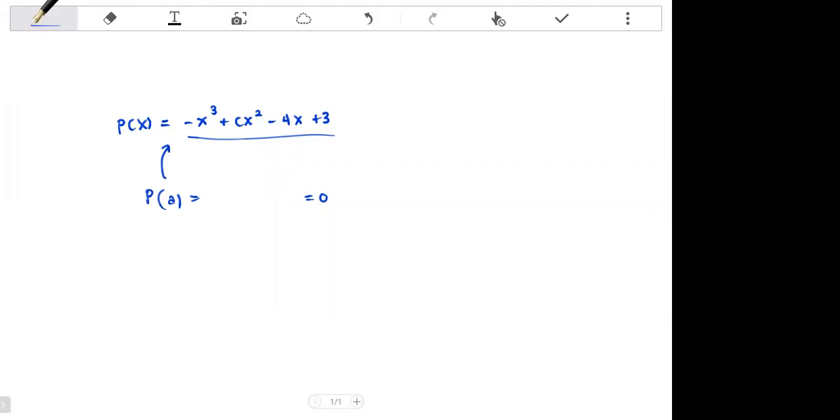Okay, so here it's saying it's divisible by x minus 3. So our k value is going to be 3, right? So what should happen is when we plug in 3 into this equation, negative 3 cubed plus c times 3 squared minus 4 times 3 plus 3, our answer should be 0.